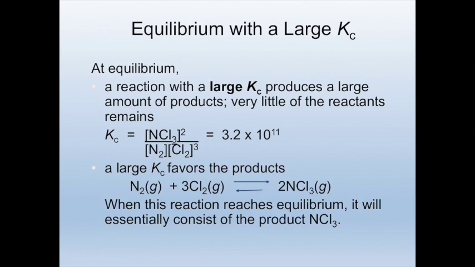This means that the equilibrium constant is large. A large equilibrium constant means a large amount of products, and very little reactants remain.